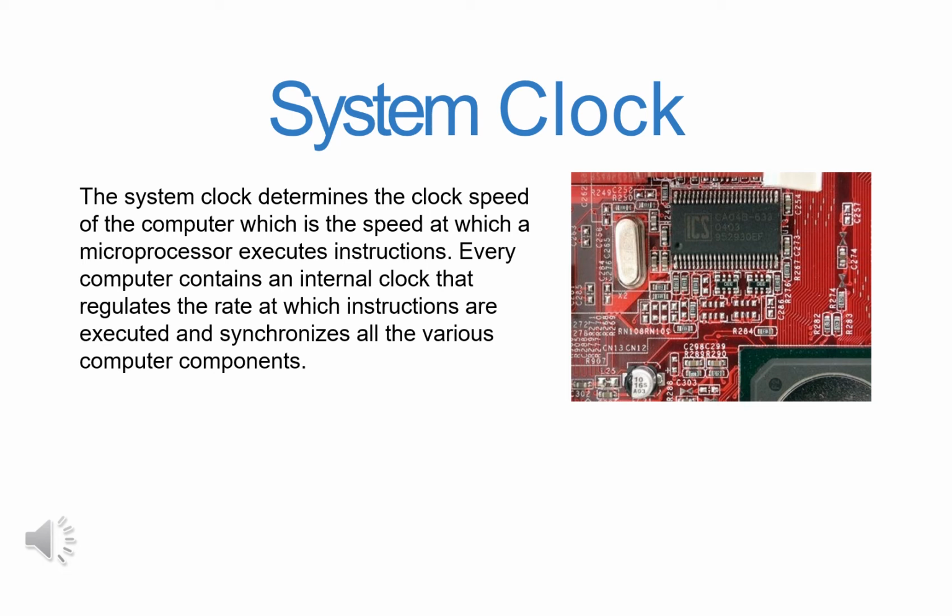It means that the system clock tells the computer system how long any instruction takes to be processed, or how much time the system will take to complete any instruction. That is known as the system clock, and the duration of processing an instruction is known as the clock rate in computer systems.